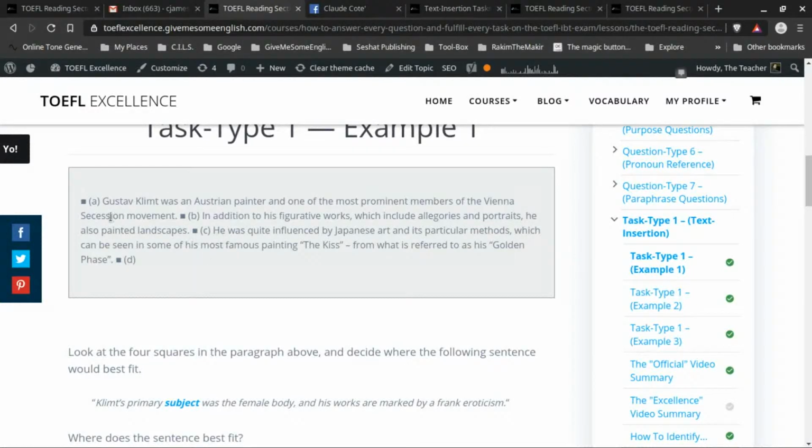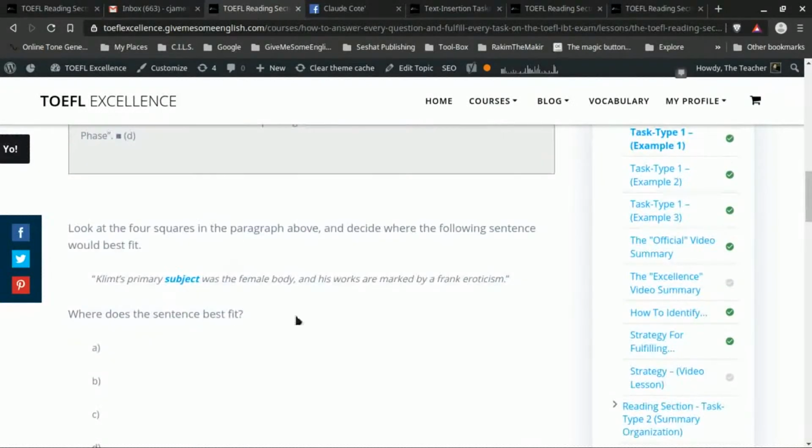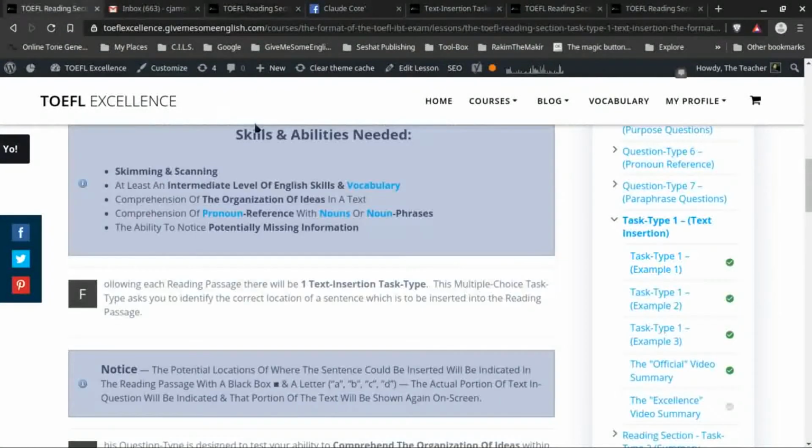Well, if there's no reference to a he before that, then maybe it's in the sentence that you have to put into the place. So knowing how those pronouns refer to nouns or phrases, usually before, so when you're reading through the passage, if you find that there's a pronoun, but it's not referring to anything, then that sentence probably goes into that space there.